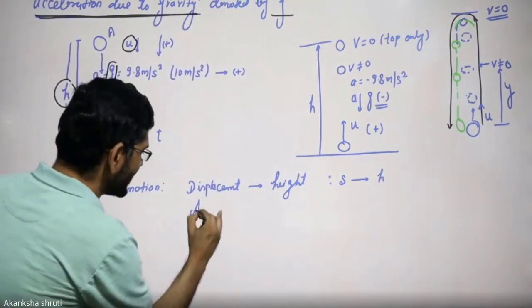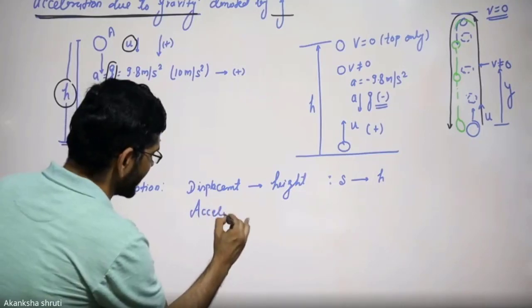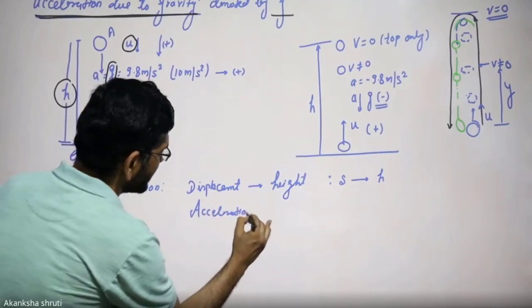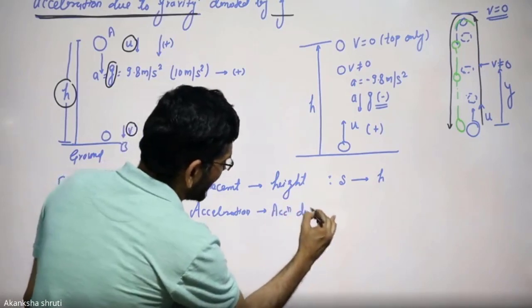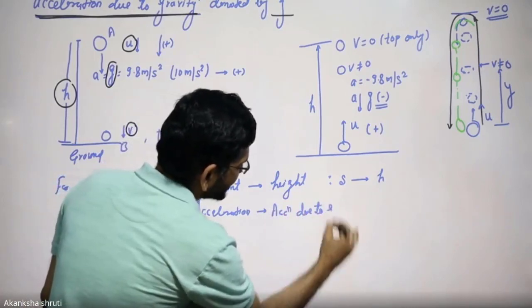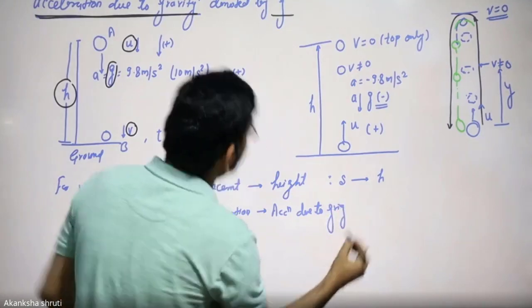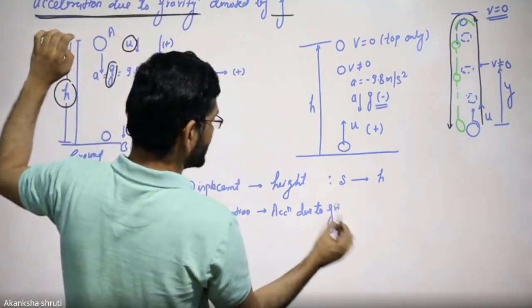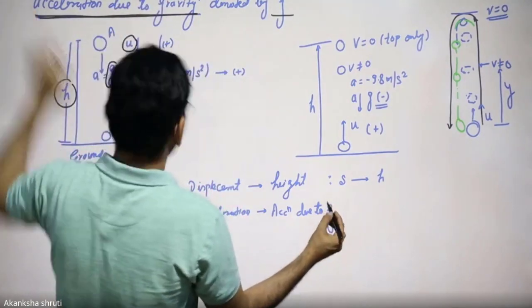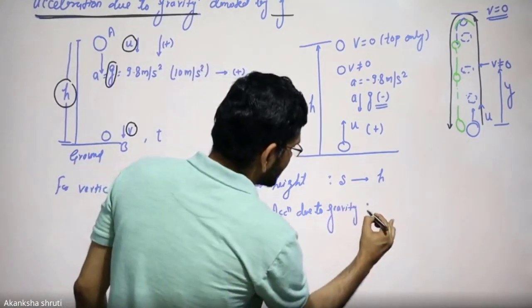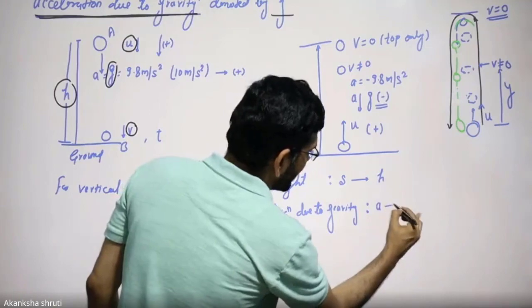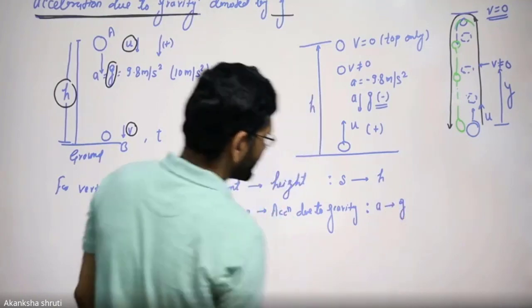The acceleration that we were considering is acceleration due to gravity, denoted by a small g. So we shall replace the acceleration by g.